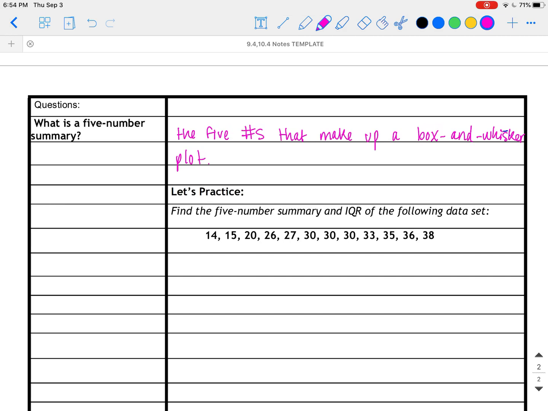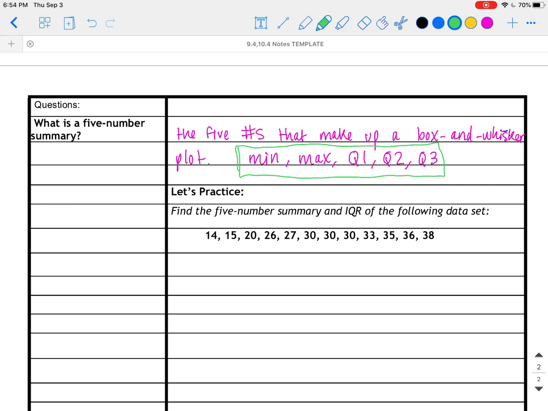These 5 values include our min, our max, our Q1, Q2, and Q3. So these are the 5 numbers in a 5-number summary.